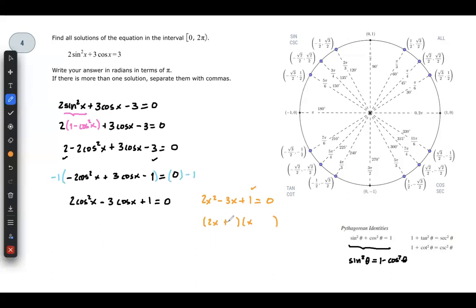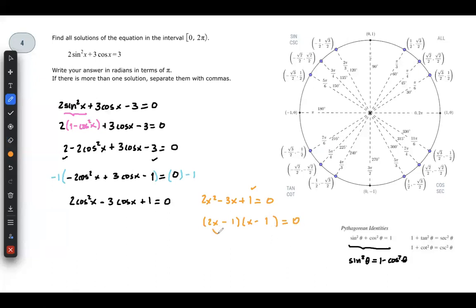And so if you do 1 and 1, you do end up with a positive 1 at the end, but we need this term to be negative. So the other possibility to have a positive 1 as my last term is to have 2x minus 1 and x minus 1. That's equal to 0.